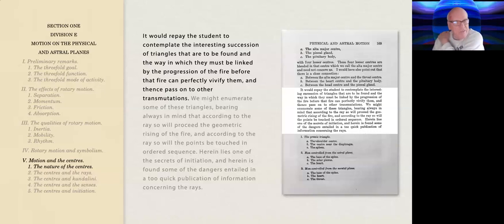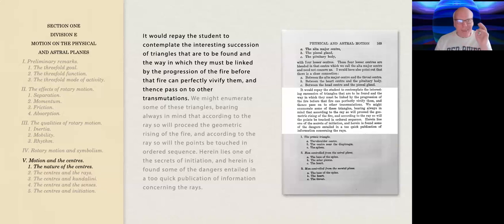There's a lot in this sentence. The triangles that we studied so far in TCF have to do with the three fires of Kundalini, the latent and pranic fires of matter, the fires of mind, and the fire of spirit, which is invoked through the blending of the lesser fires. This is what DK is referring to when he says the progression of the fire. It's a very specific progression.